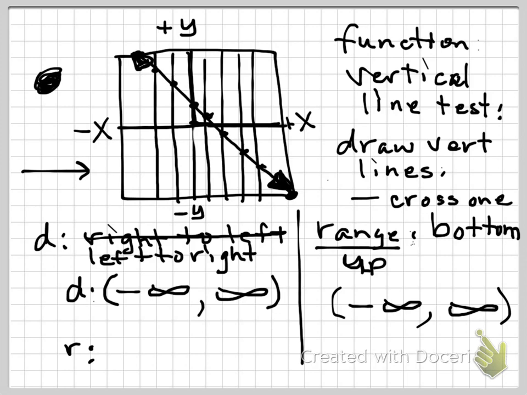It only crosses it at one point ever. And if that's the case, then yes, it is a function. Now if it hits more than once, then it's not a function, and I'm sure they're going to give us some examples of that. Yep, the very next one does.